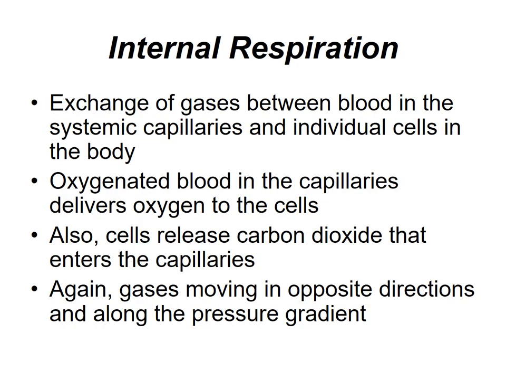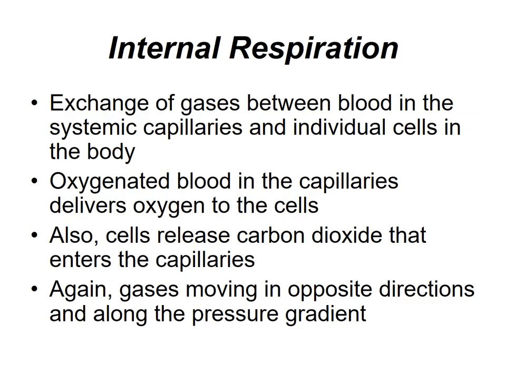Internal respiration is the exchange of gases between the blood, now at the capillaries that are throughout the rest of the body other than the lungs, and the tissues, the cells that are right there among them. So basically, it is the exchange of gas between blood and all the other tissues other than in the lungs.